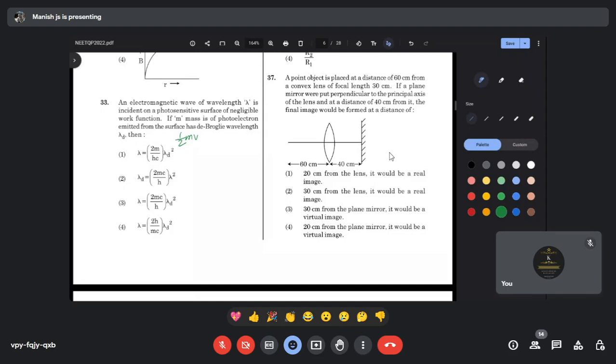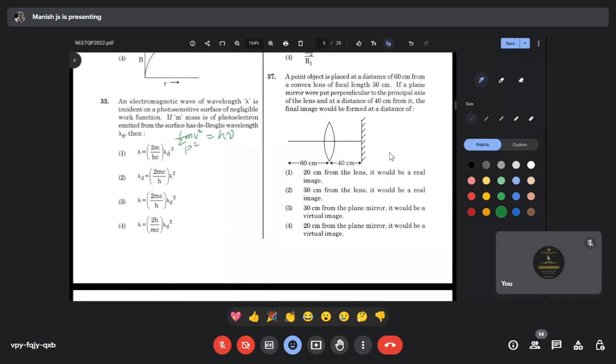So kinetic energy is half mv squared. Since it is energy, we can also write it as h nu, because E is equal to h nu. Now I'm writing the kinetic energy in terms of momentum. You know the relationship between momentum and kinetic energy, so we can write this as p squared upon 2m.